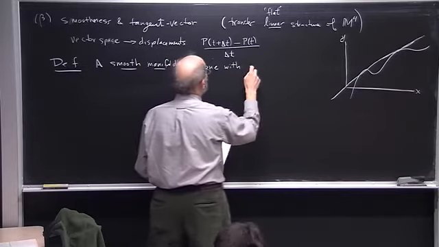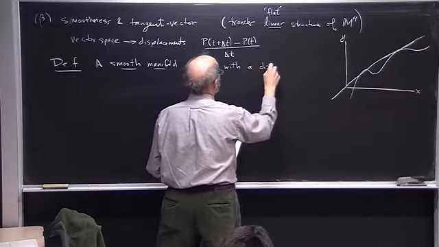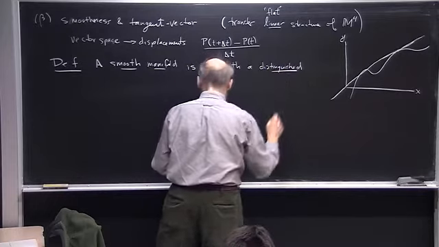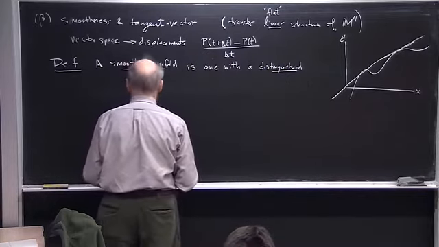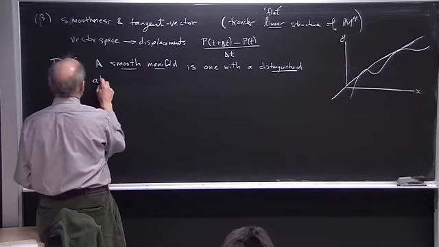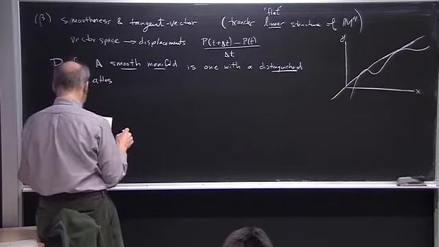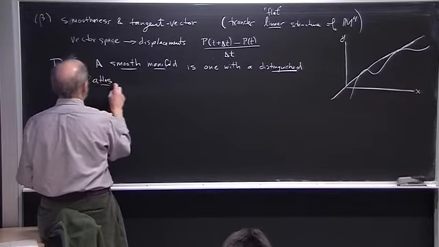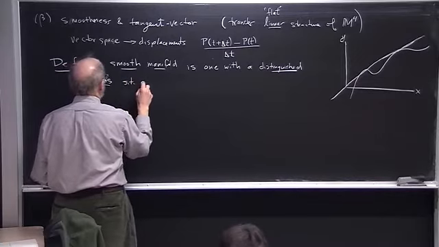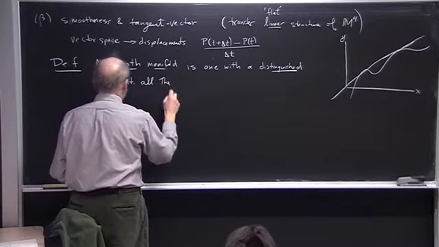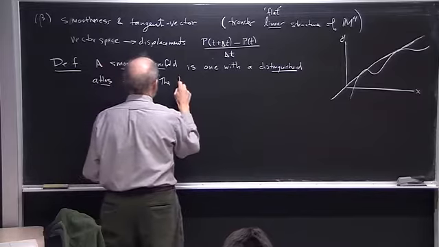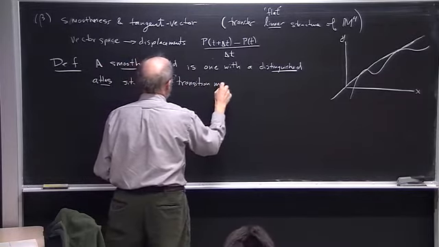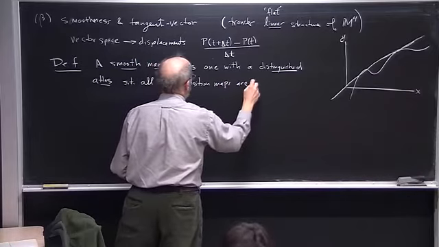It's given by charts, but it has a distinguished atlas, such that all the transition maps are smooth.